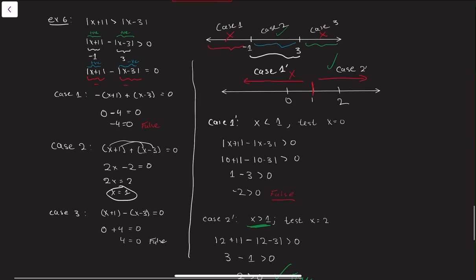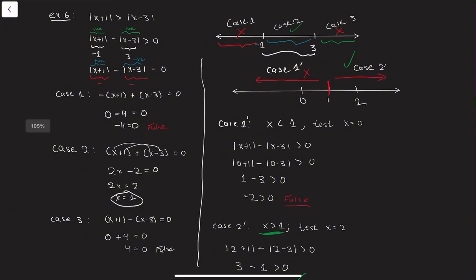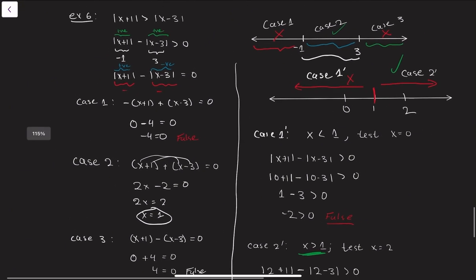So to recap that problem, first we analyzed the inequality itself, and we checked the points in which the inequality signs change. There were 3 cases where the inequality sign would change. Case 1 was anything less than -1, case 2 was anything between -1 and 3, and case 3 was anything above 3. We found that case 1 had no solutions and case 3 had no solutions.